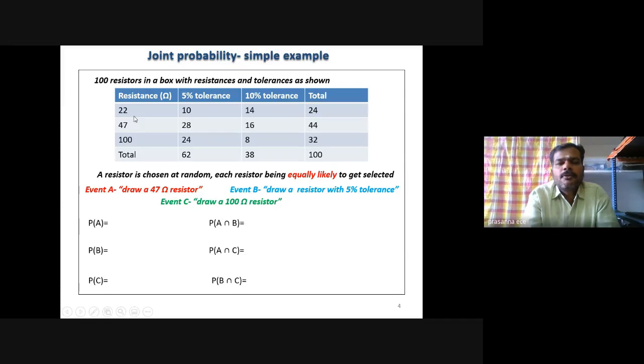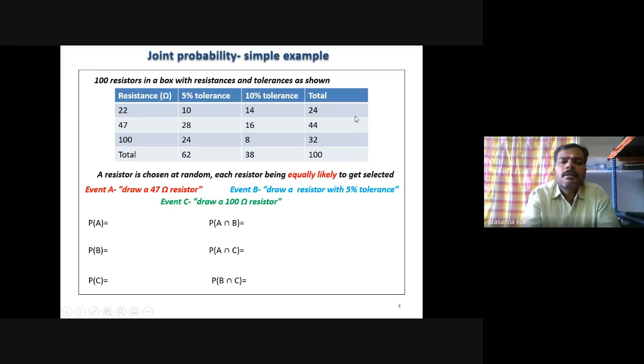One group is of 22 ohms, another group is of 47 ohms, and the other group is of 100 ohms. In the 22 ohms group, we have 10 resistors of 5% tolerance and 14 resistors of 10% tolerance. The rightmost column and the bottommost row show the total numbers. So this is the information about a box containing resistors.